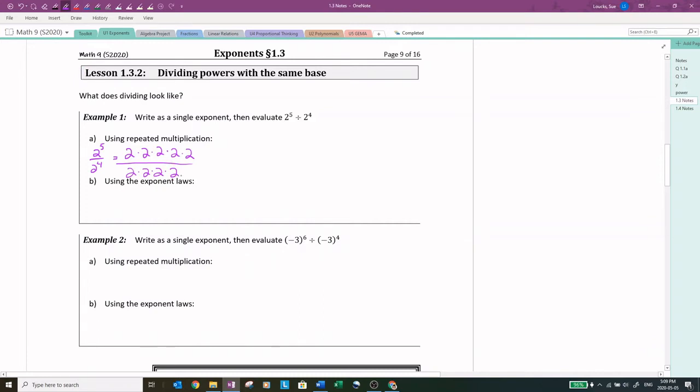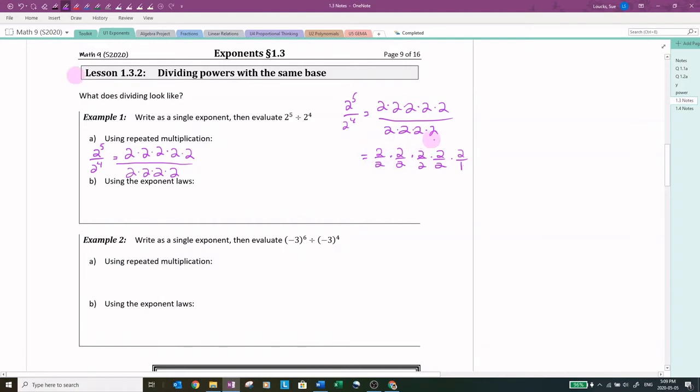Okay, so I'm going to go over to the side and do this the long way so that you understand why this is allowed. 2 to the 5 over 2 to the 4 is 2 times 2 times 2 times 2 times 2 over 2 times 2 times 2 times 2. But I could write that as 2 over 2 times 2 over 2 times 2 over 2 times 2 over 2 times 2 over 1, right?